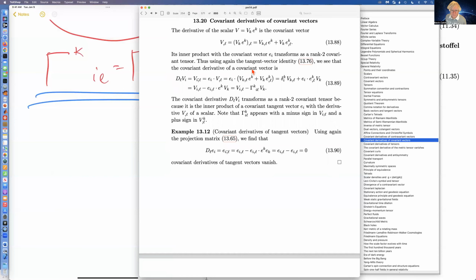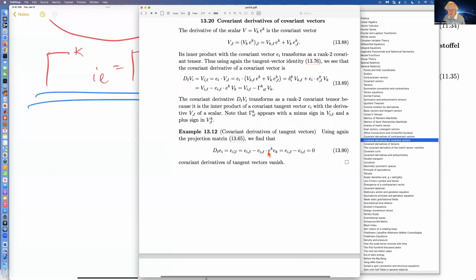And if you have covariant derivatives of tangent vectors, well, once again, just by definition, it would be of this form, using this expression here, with VI being just EI, you'd get this. And now this structure here is the identity matrix.